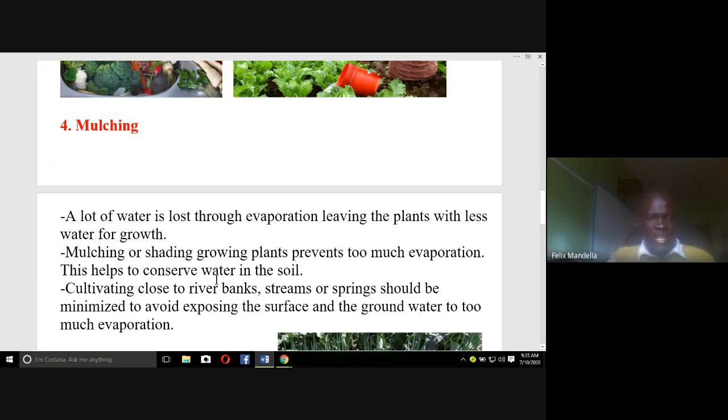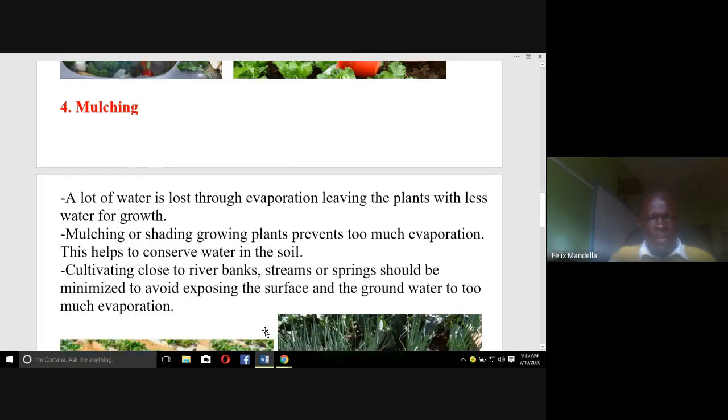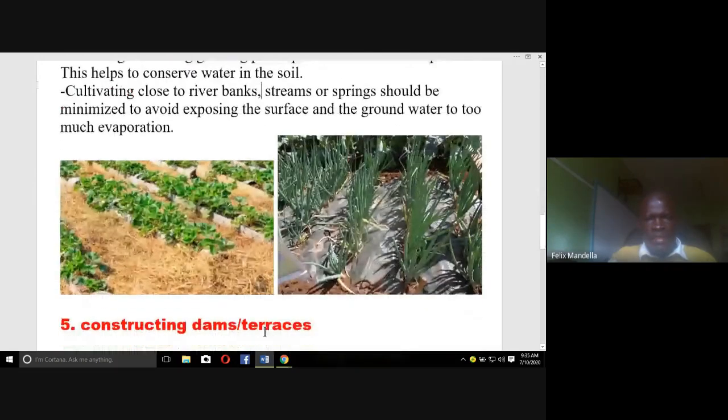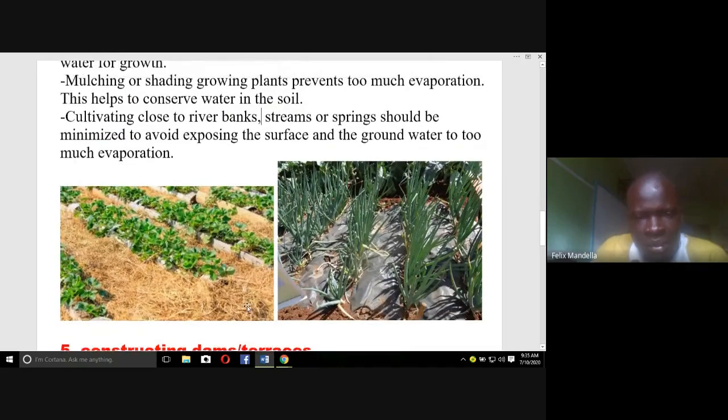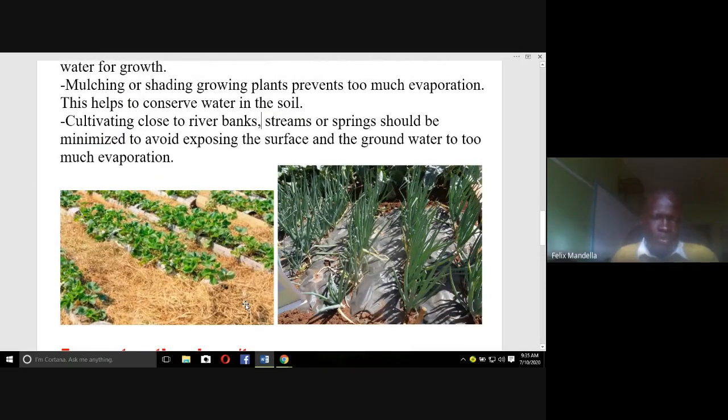Now, I want us to look at the diagrams showing different ways of mulching. I want us to look at this beautiful diagram. This beautiful diagram has two parts.